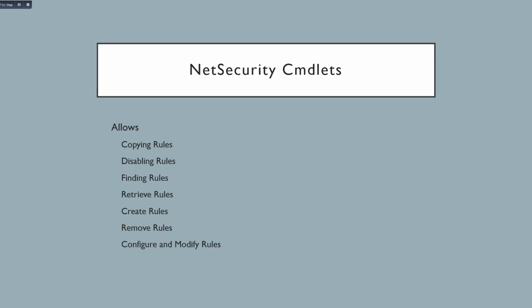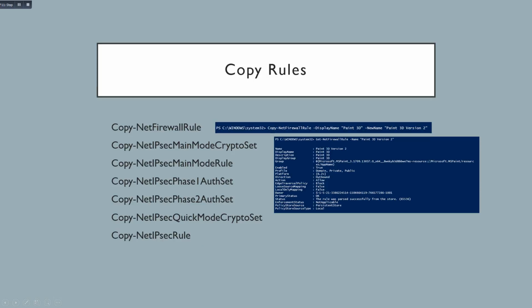They allow you to copy these firewall rules, disable them, find certain parameters within those firewall rules, retrieve them and view them, create them, remove, configure, and modify those rules. There truly is a lot of power built into these, and I believe that they are something that a network administrator should know.